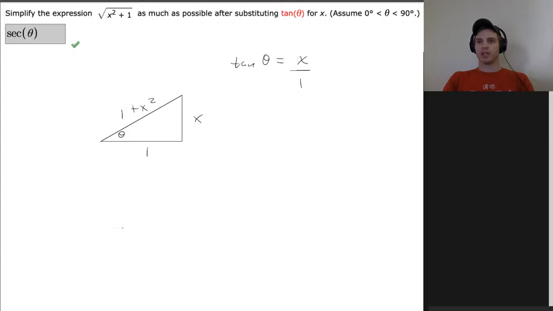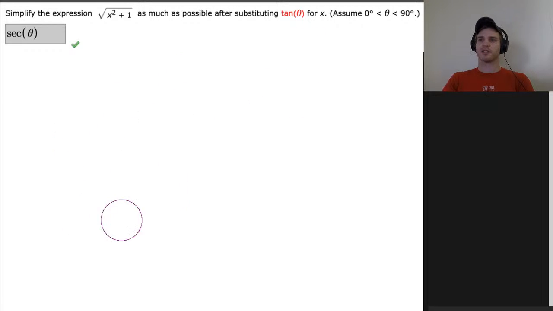So if you take this and substitute in the square root of, let's see, tangent squared. Oh, actually, we don't even need all this. We just use a Pythagorean identity. So we can start from here: cosine squared plus sine squared equals 1.